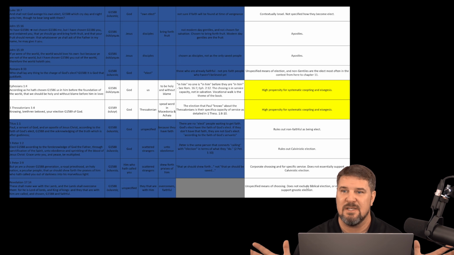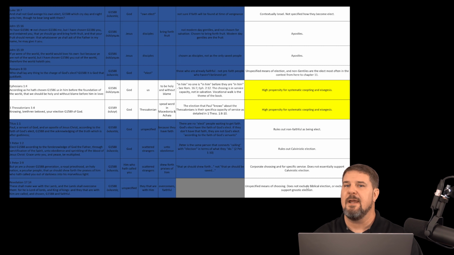So of all the passages that contain the word elect, these might be the best ones to focus my attention on to refute Calvinism because of how they're used. The rest of them are fairly easy, for fairly easy reasons, to refute why they don't support Calvinism. And then we're kind of left with just 2. But for you today, as a special, we're going to go through all of them anyway.